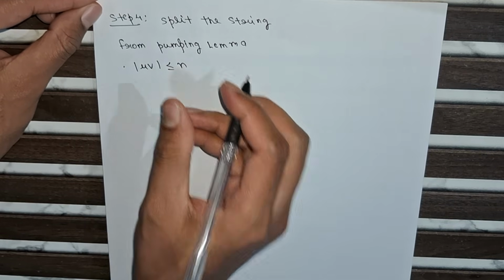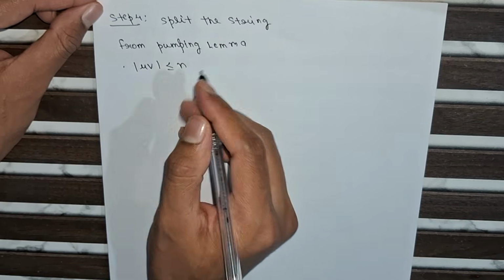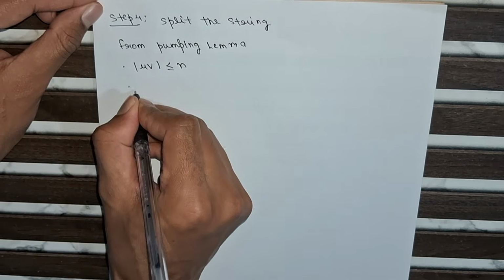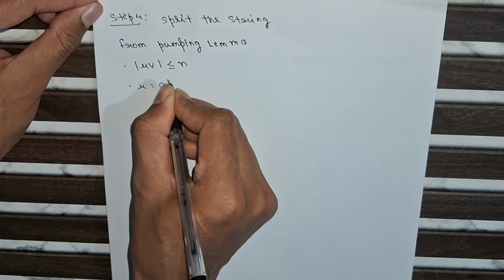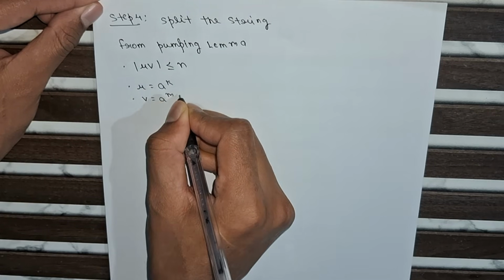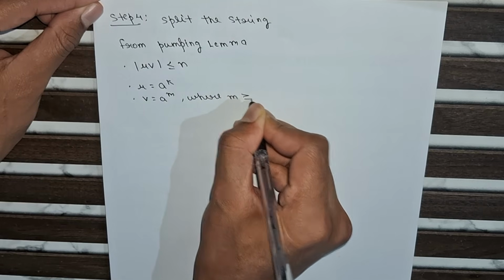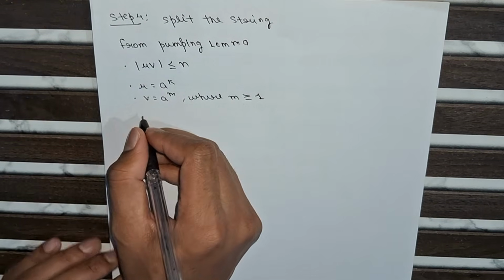This means that u and v lie only in the first a^n part. So u = a^k and v = a^m, where m is greater than or equal to 1.